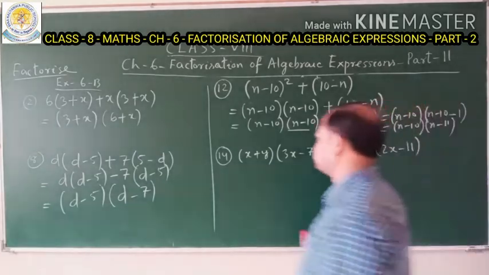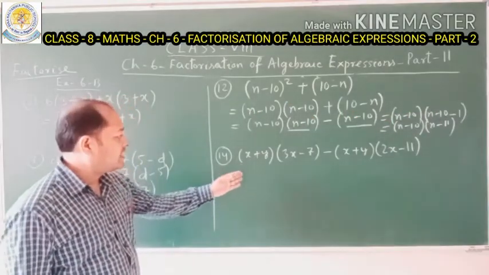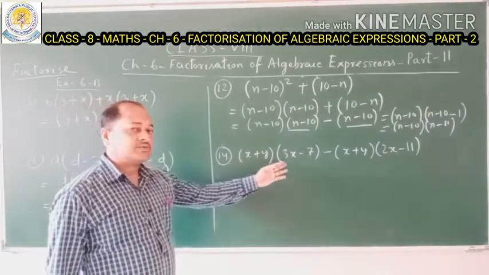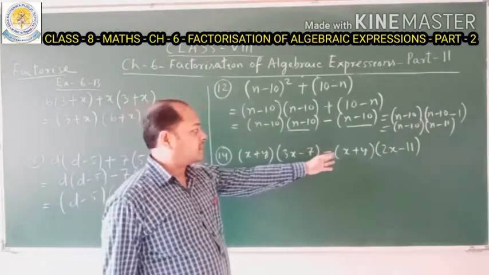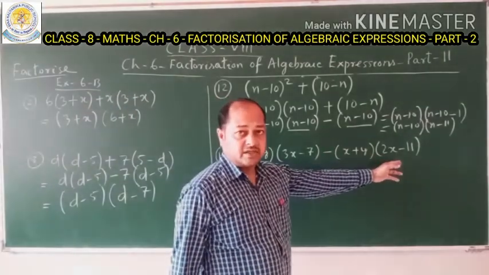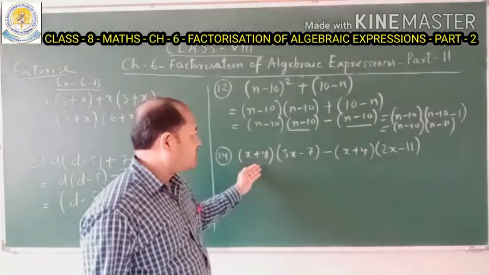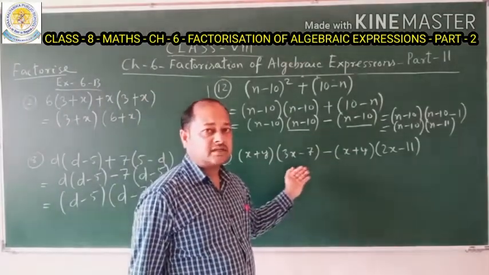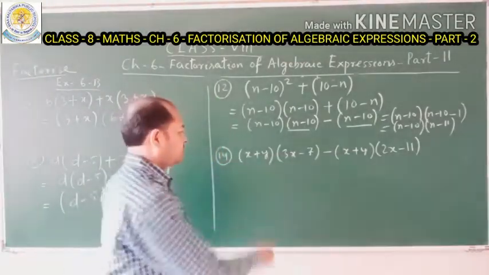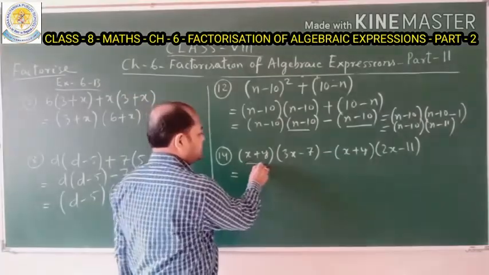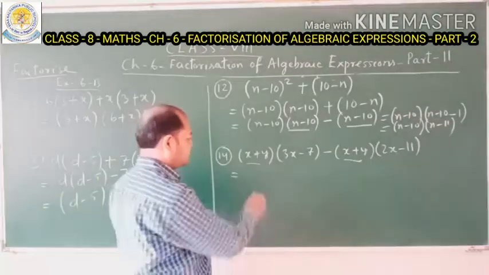Now look at this question. In this question it is given that x plus y into 3x minus 7 minus of x plus y into 2x minus 11. So here we are looking that x plus y is common in both the terms of the algebraic expression or polynomial. So you can write x plus y, and x plus y is common. So take common x plus y.